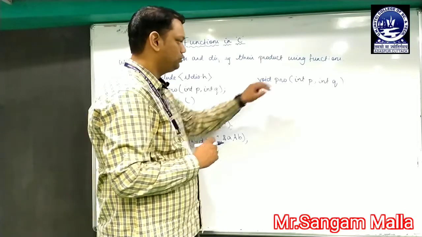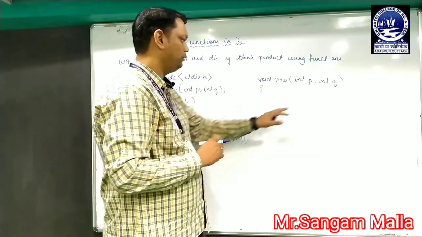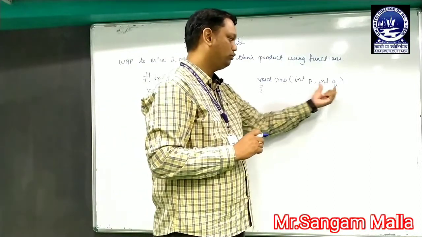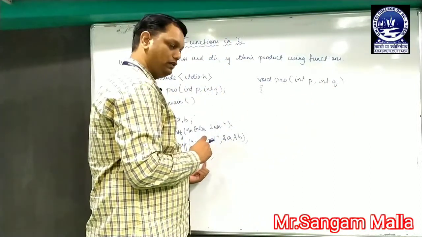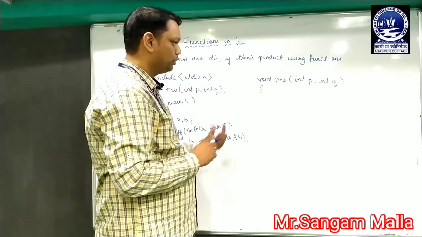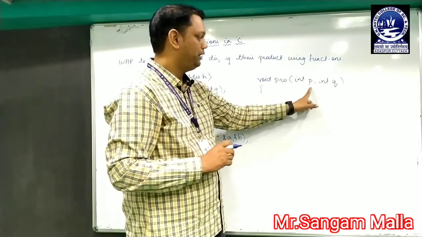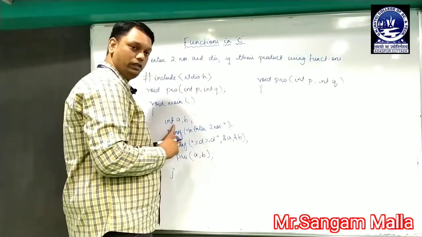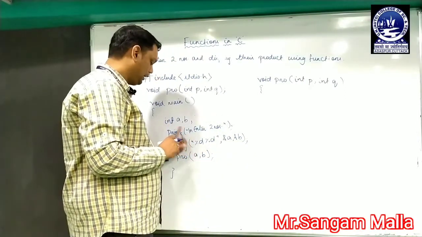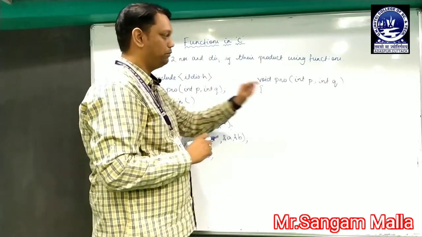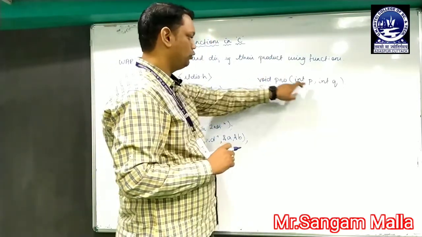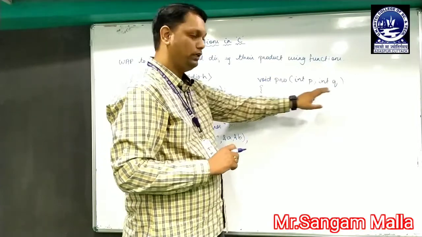So a value will be stored in p and b value will be stored in q. So you must notice that as p and q are two variables, in order to accept a and b, they must also be denoted with the same data type as a and b have been declared. So as a and b are of int type, they must also be declared with int type. So a will be stored in p and b will be stored in q.